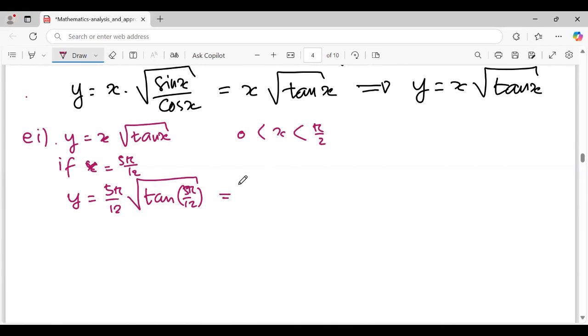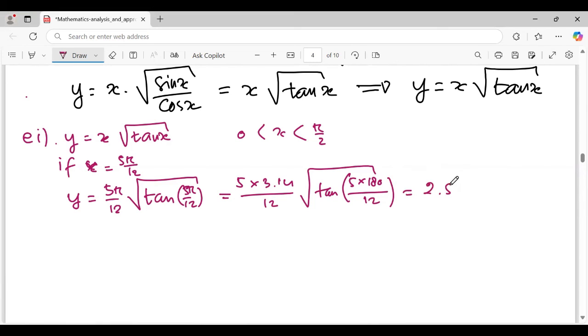It becomes 5 times pi in radians over 12 times square root tangent. And if you calculate, the result will be 2.55278 and so on, rounded to 2.53. This is the value of y.